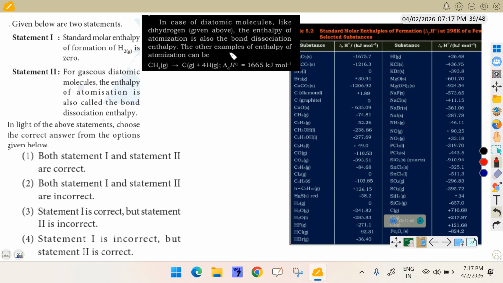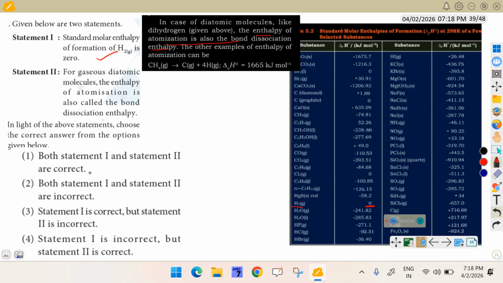Standard enthalpy of formation of H2 gas is 0. Correct statement. For gaseous diatomic molecules, the enthalpy of atomization is also called bond dissociation enthalpy. Yes, that is correct.